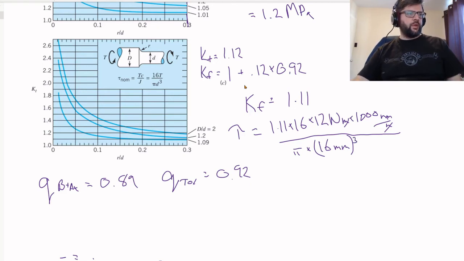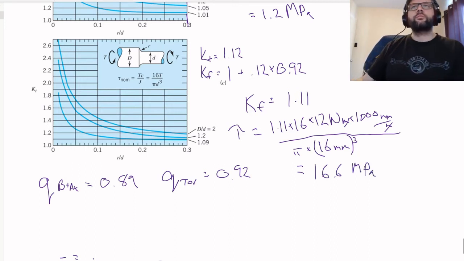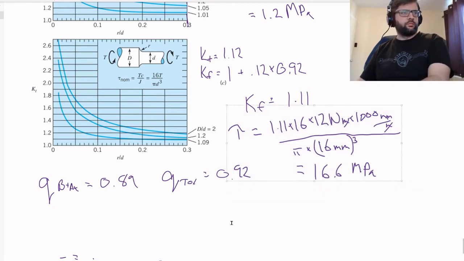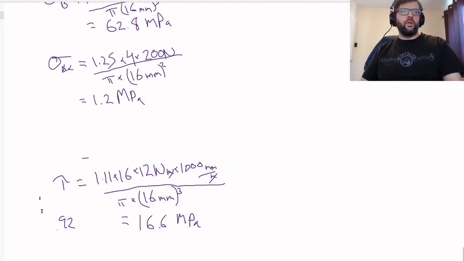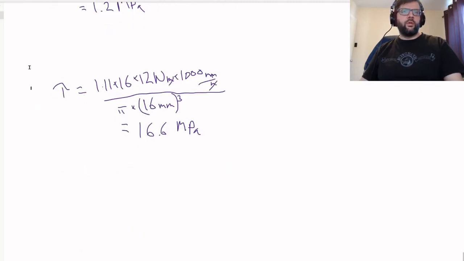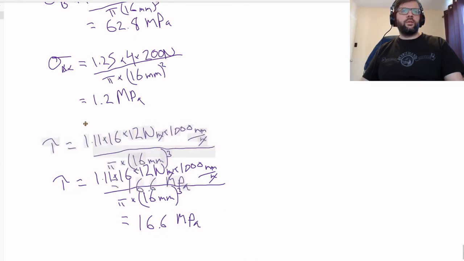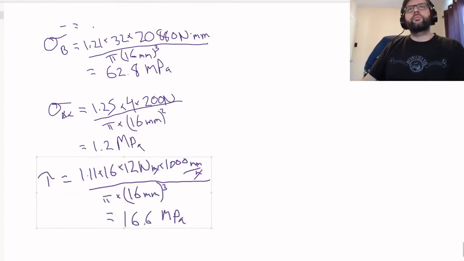Again, that'll give us megapascals. So that'll be 16.6 MPa. Okay, so there we got the loads that are occurring.